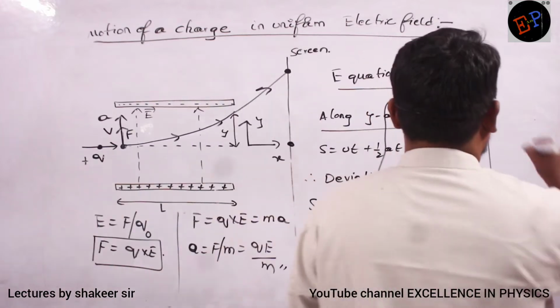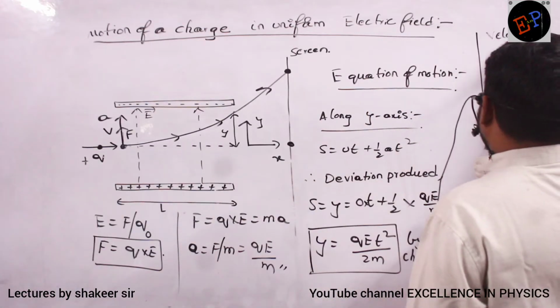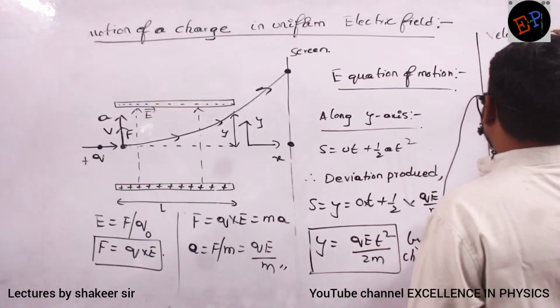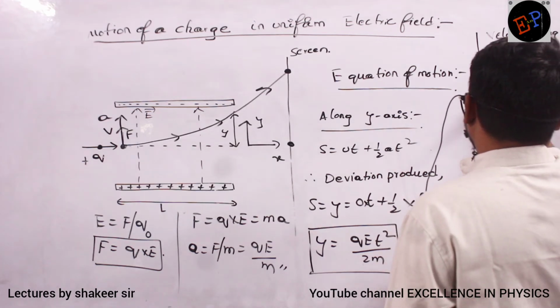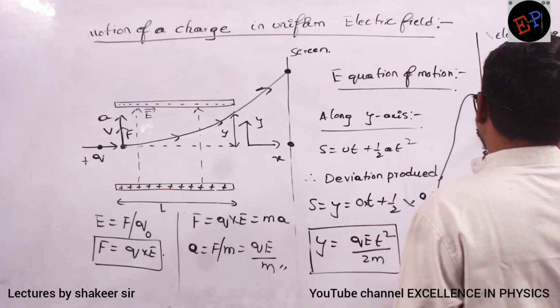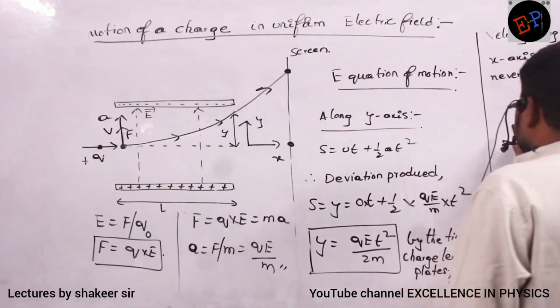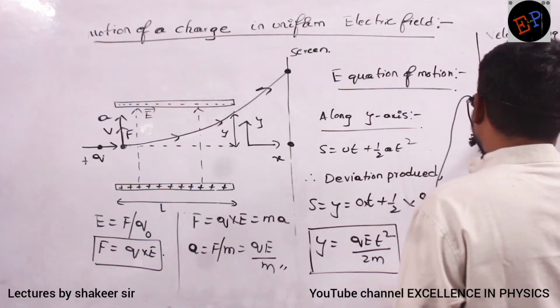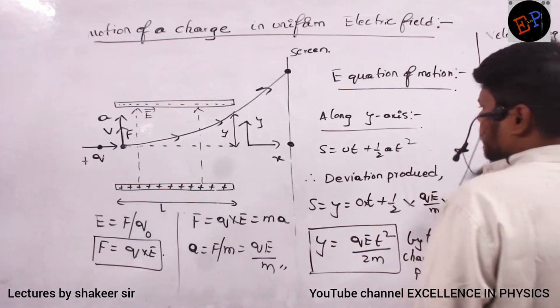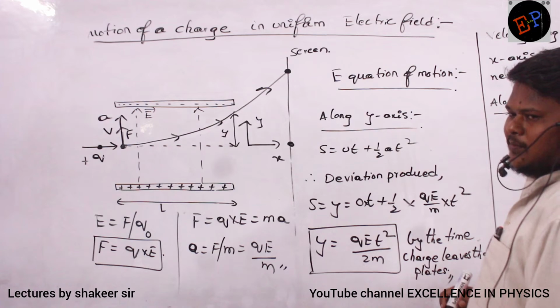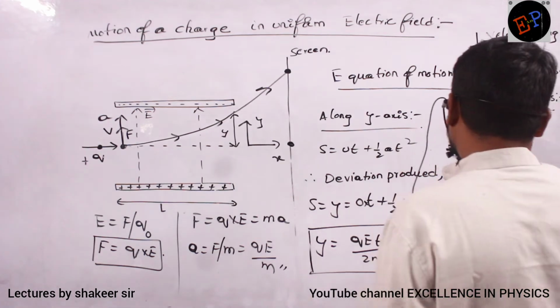So therefore velocity along the x-axis never changes. So along the x-axis which equation can I use? Displacement is equal to velocity into time.